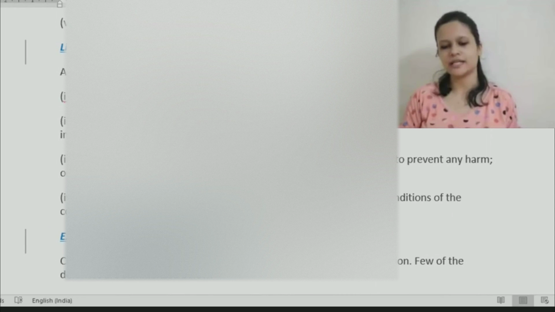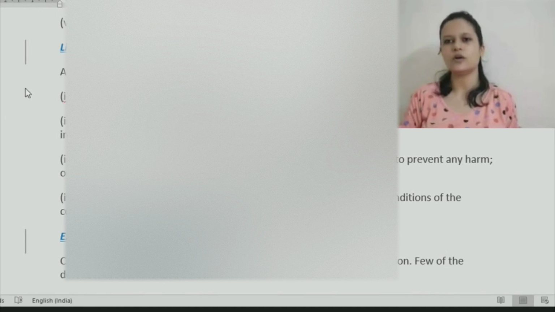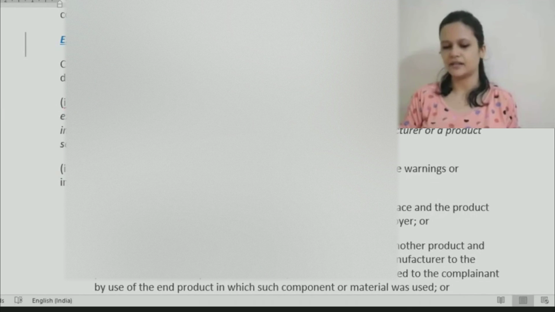In such a case also, we can hold this service provider liable, that whatever commitments you had made, you are not fulfilling those. Those are not up to the mark, whatever you promised. So in such cases, we can say that the product service provider is liable and we can file a case against him.